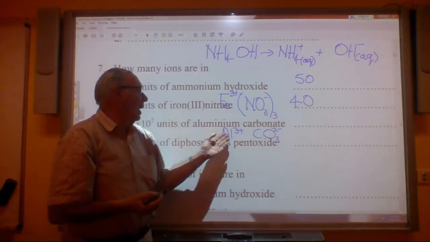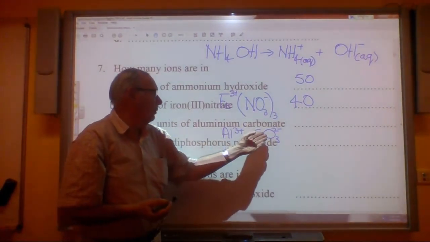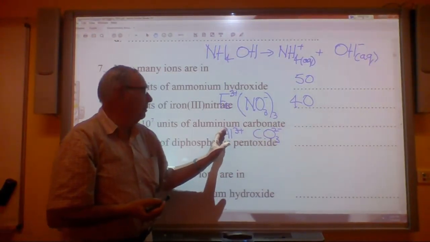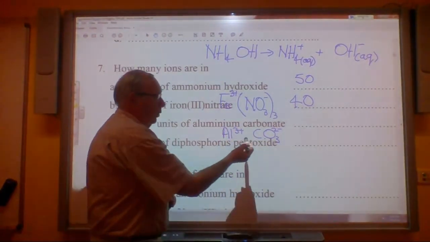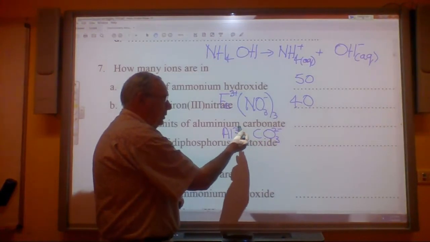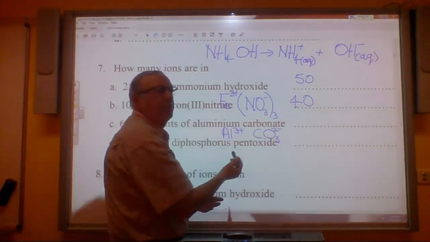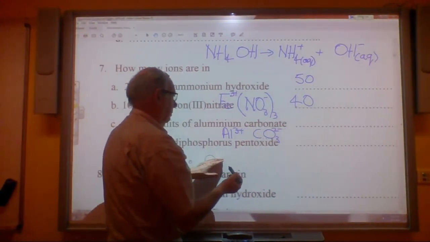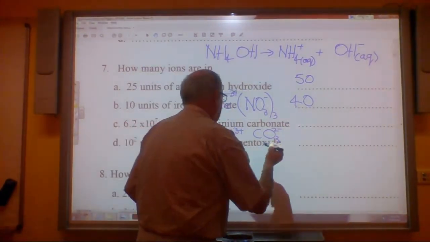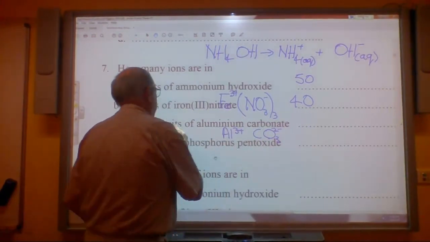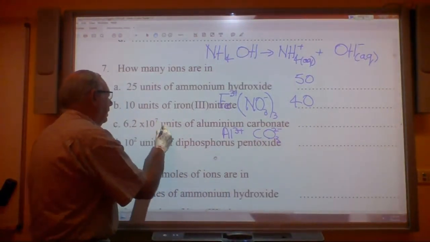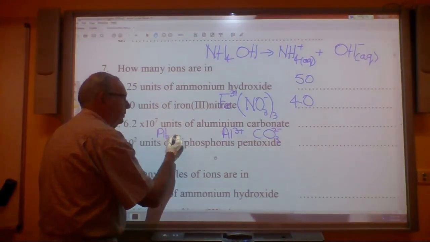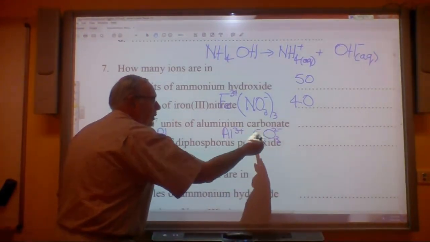So the formula for aluminium carbonate, in order for us to have a balance of positive and negative charge, is Al2(CO3)3, that gives us 6 of these, 3 of these.